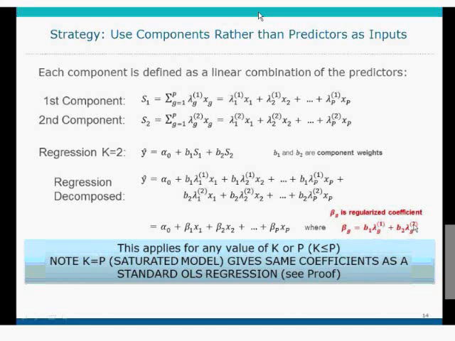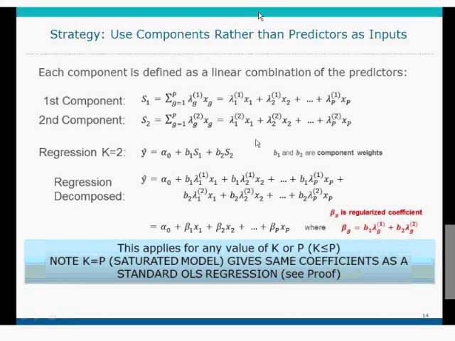And what that means is that we're not doing any regularization at all. So we're using these 6 terms here in the case of a 6-predictor model. And this will yield the OLS regression coefficients.